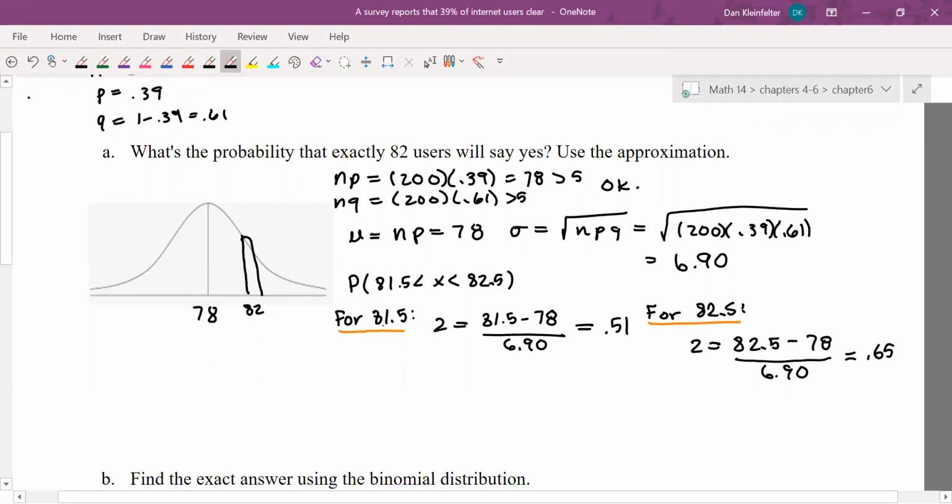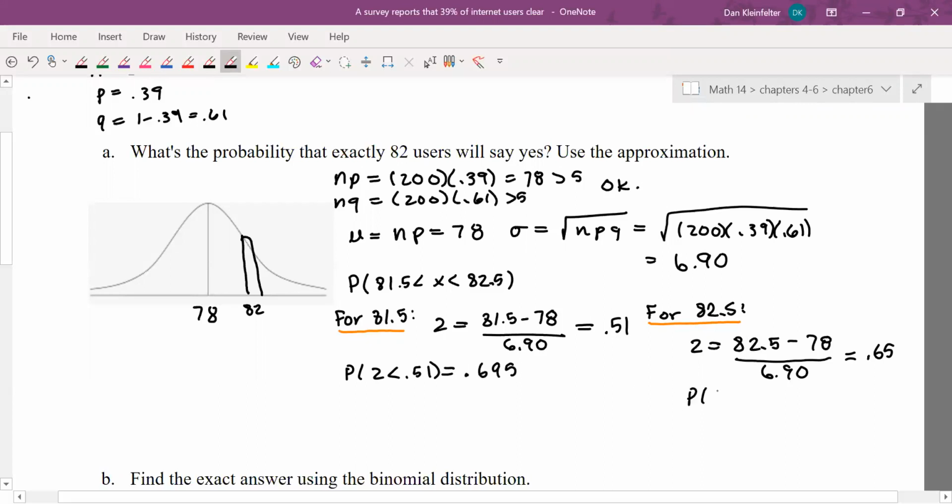All right, so for 81.5, we got a z-score of 0.51. For 82.5, we got a z-score of 0.65. Then, using our table, the probability that z will be less than 0.51 works out to be 0.695.